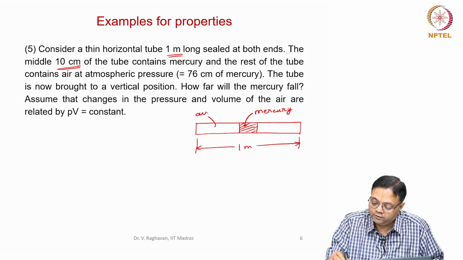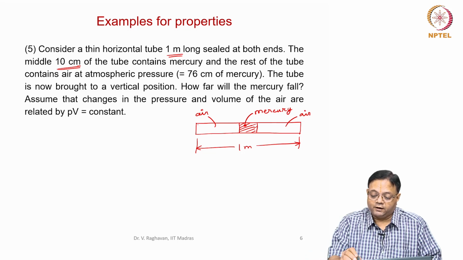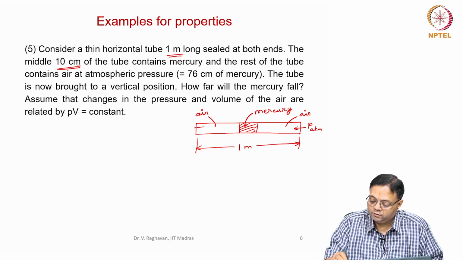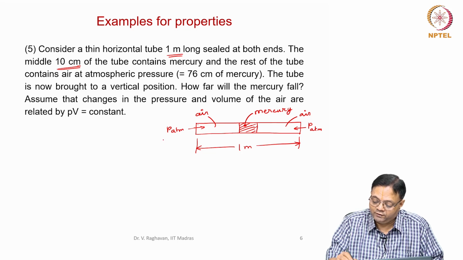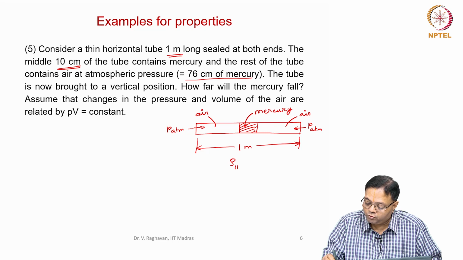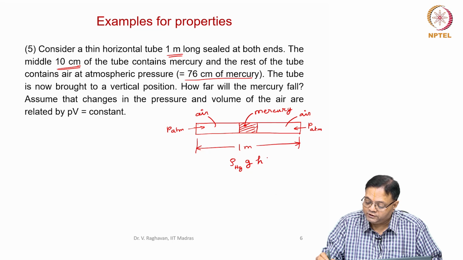So this is air. This is also air at atmospheric pressure. So here the pressure is P atm here and also here. The atmospheric pressure is also given as 76 centimeters of mercury. That is rho mercury into g, the acceleration due to gravity, into h.